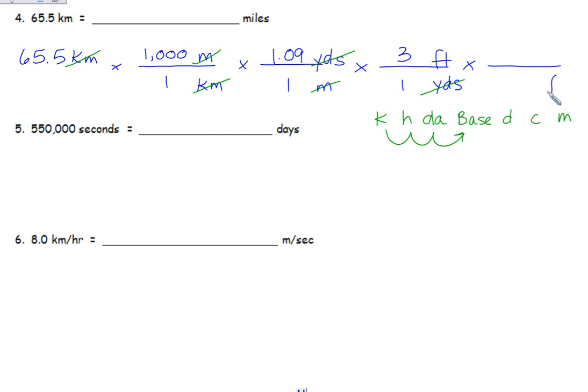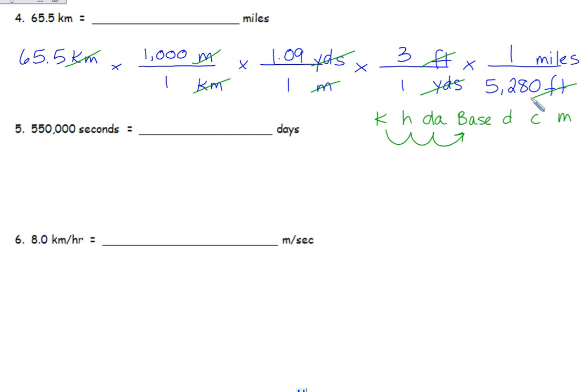I want to cancel feet. I want it in miles. And it tells me 1 mile is 5,280 feet. Cancel feet, cancel feet. The only unit that I have not crossed off is the one that I want, miles.